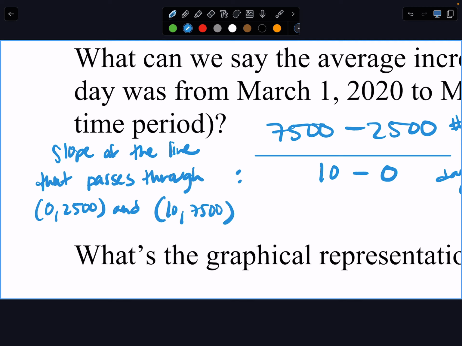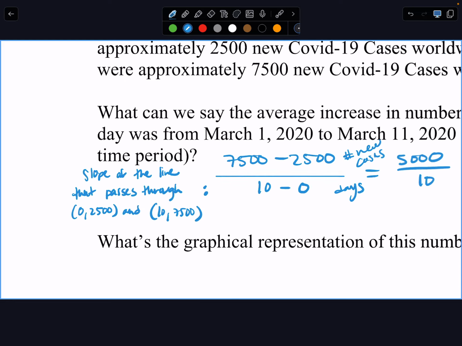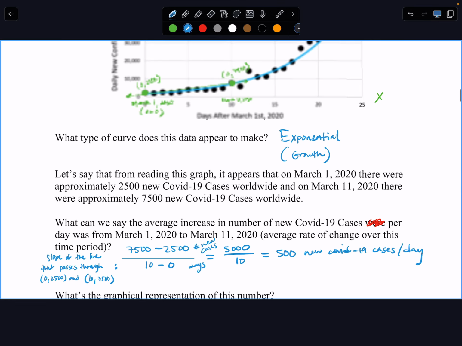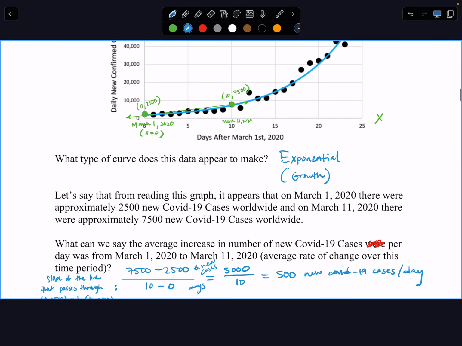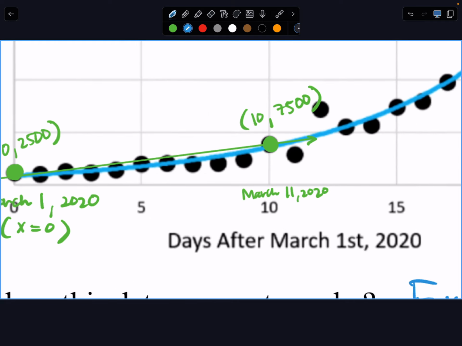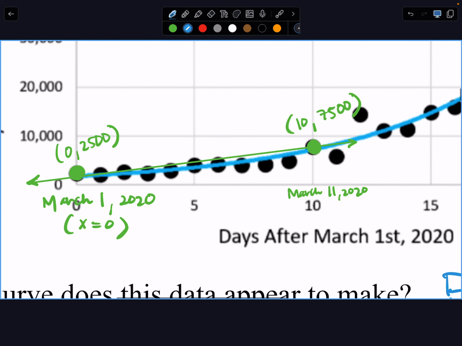That's the calculation that we did in order to calculate that average rate of change. So that's the slope. 500 is the slope of that line.